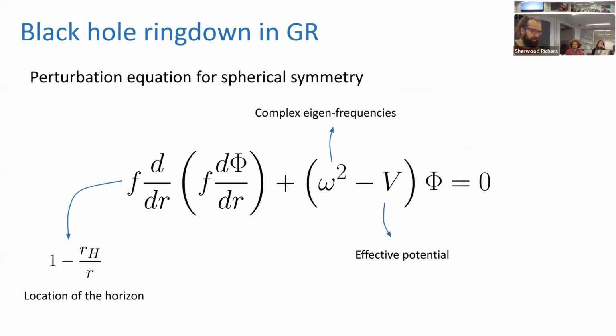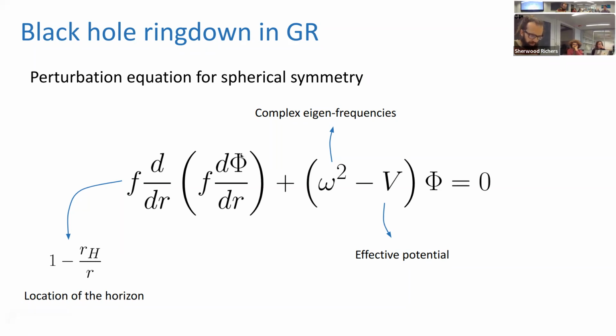So first of all, I want to recall how black hole ring down is studied in GR. In spherical symmetry, there is this master equation, a Schrödinger-like equation, where I denote with this function f a function that goes to 0 on the event horizon of the black hole, which is determined by r_H.